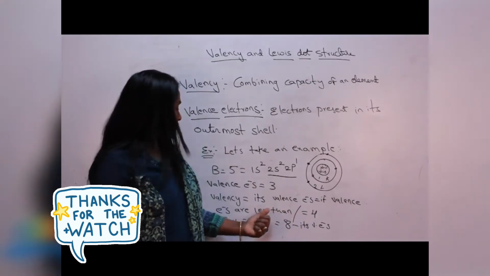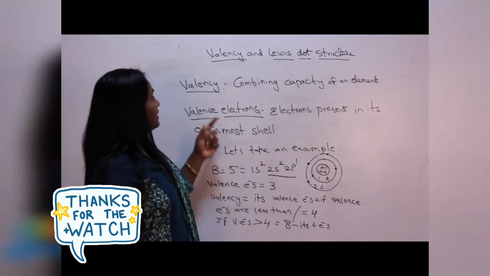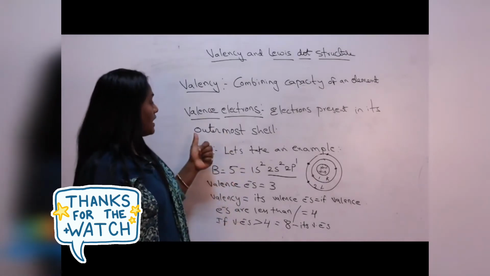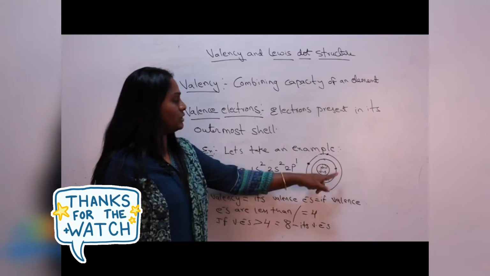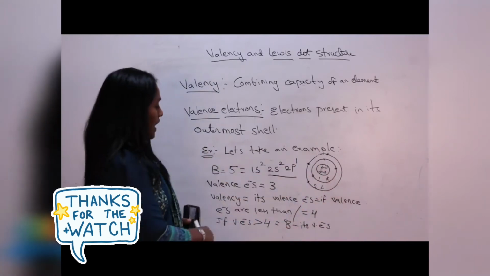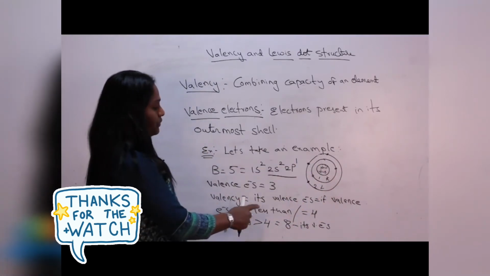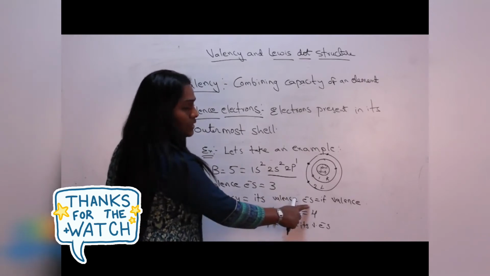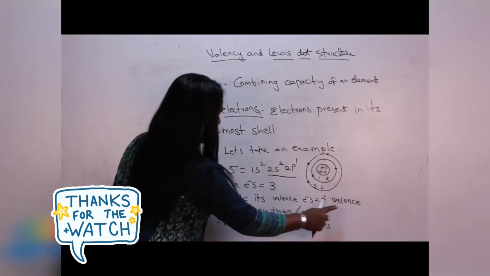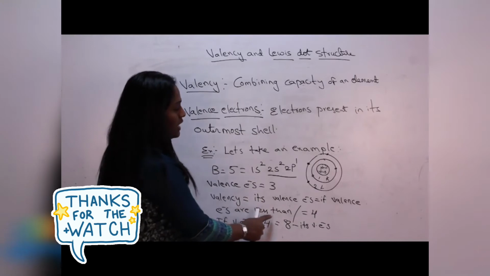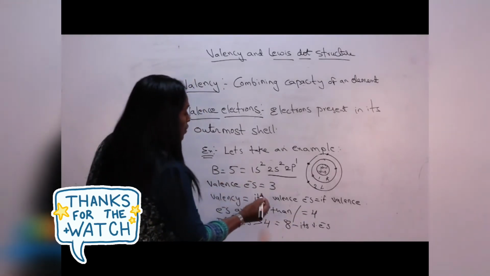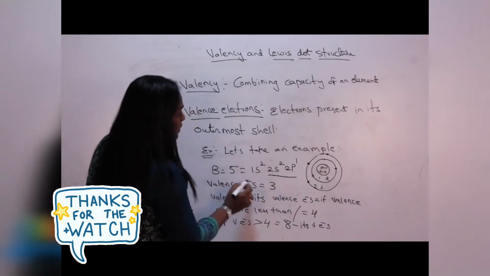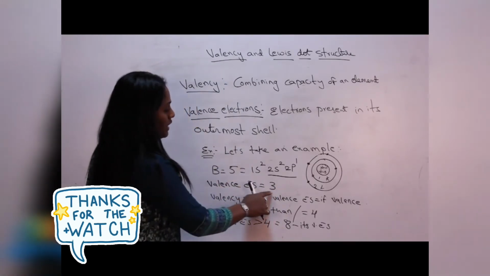Again I am repeating, valency is combining capacity. Valence electrons are electrons that are present in the outermost shell. Valency is equal to its valence electrons if valence electrons are less than 4. That is the formula. So, the number of valence electrons for boron is 3.